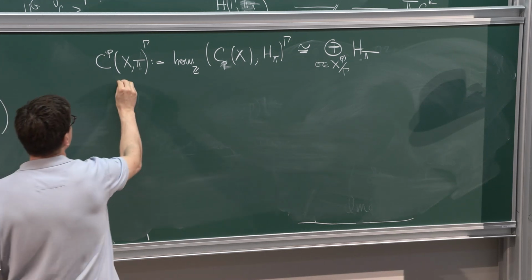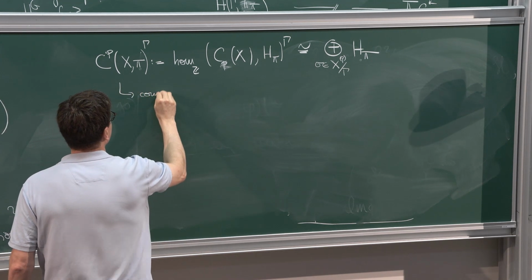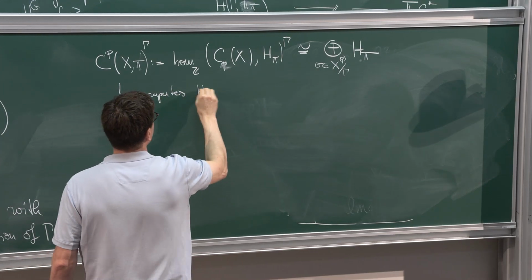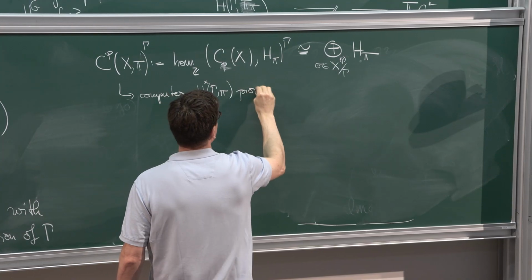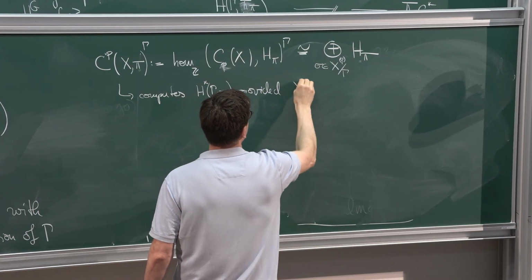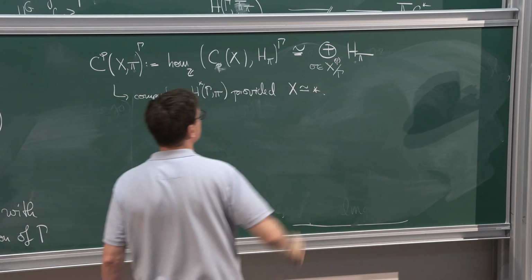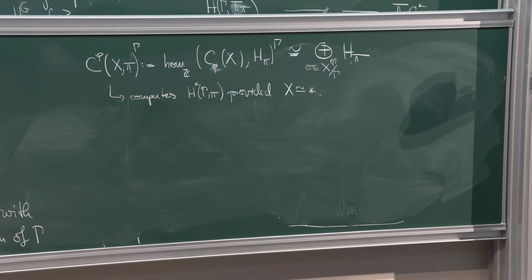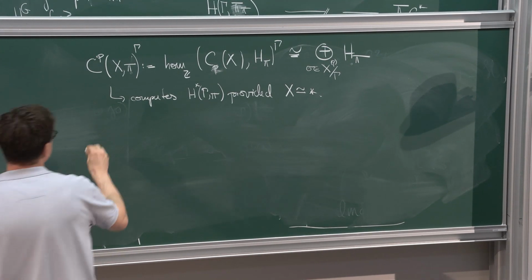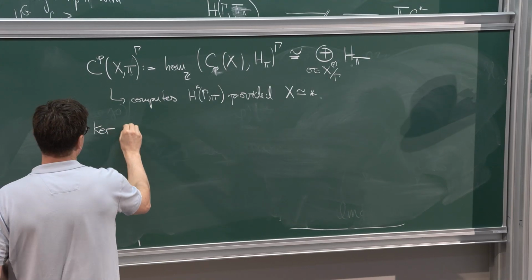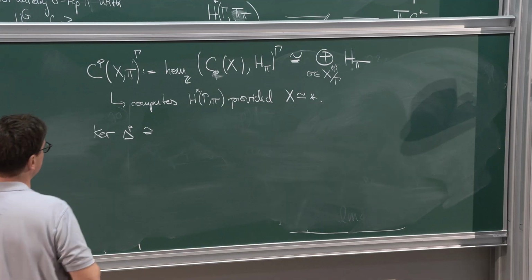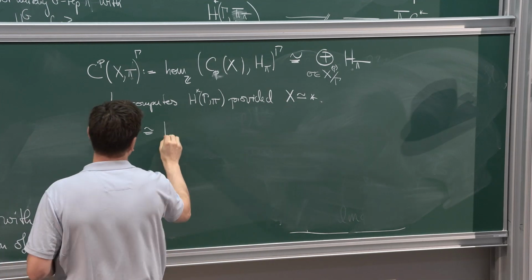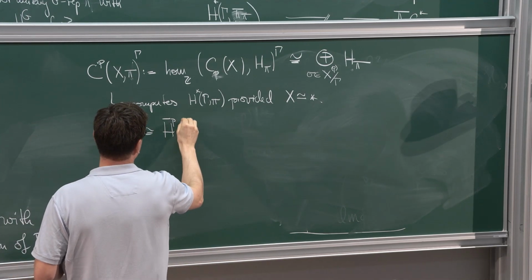Again, this computes the cohomology, provided this complex is contractible. And a reminder on the Hodge-de Rham: if you look at the kernel of the Laplacian in degree p, then it gives us the reduced one.